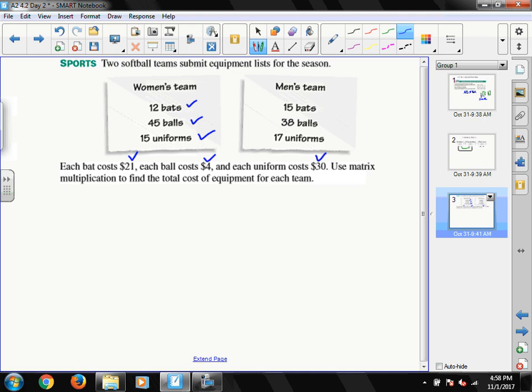So to do that, I have to pick how I set up my equipment inventory matrix.